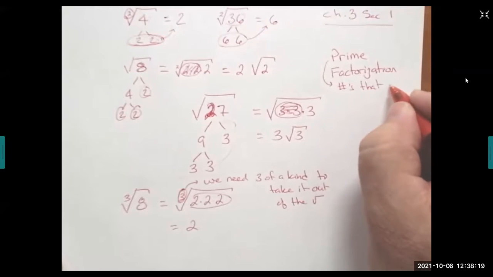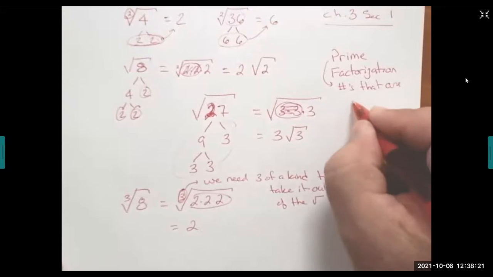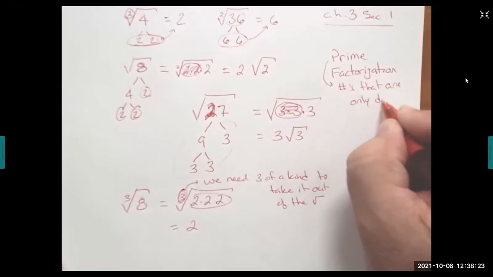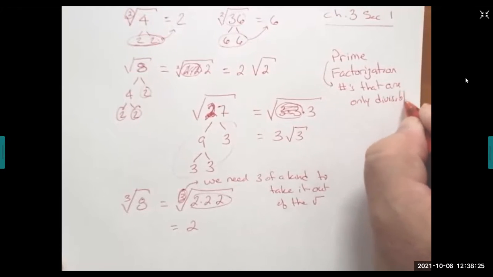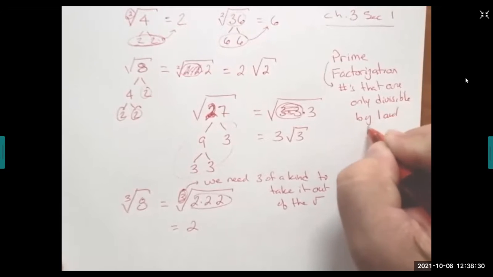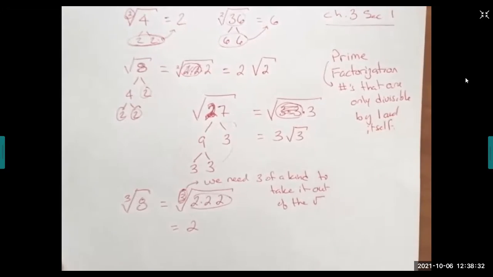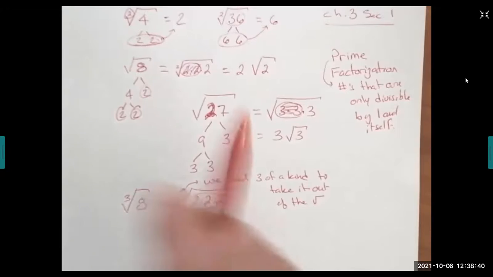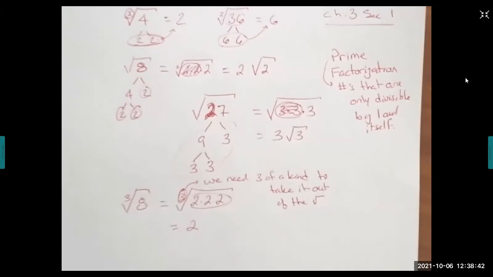Very good. Numbers that are only divisible by 1 and itself. So this is what we need to know first, because complex numbers builds off of this stuff.